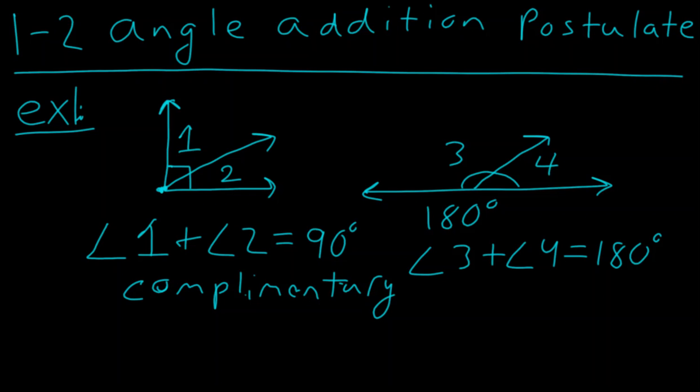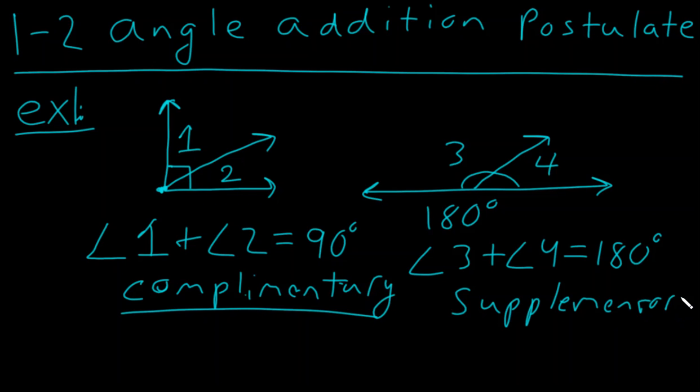So whenever two things add up to be 90 degrees, they are complementary. Alright, how about when they add up to be 180? Well, that's called supplementary.